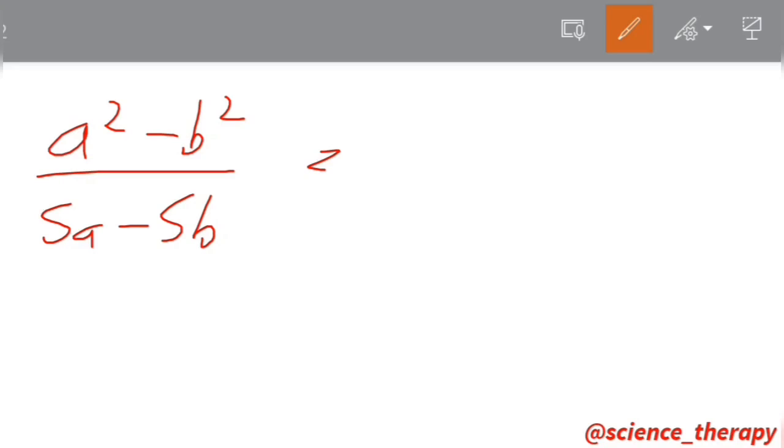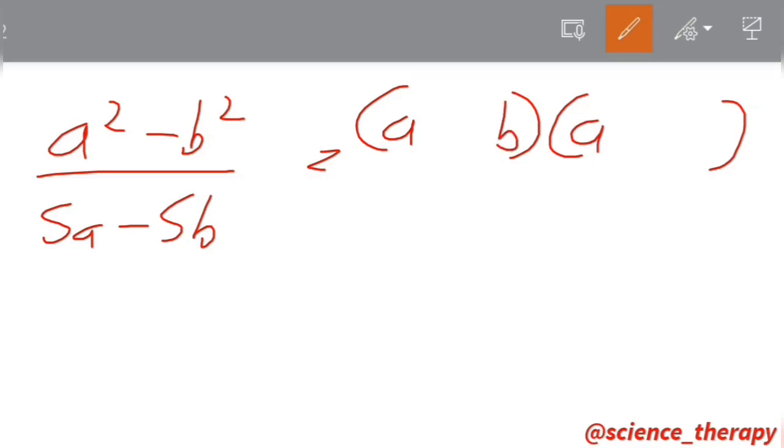So factorizing that one, we can open two brackets and start to distribute our variables evenly. So we have a here and a there, and we have b here and b there. Since this is a difference of two squares, we know the signs are not the same. Let's have a minus this side and a positive on that other bracket.